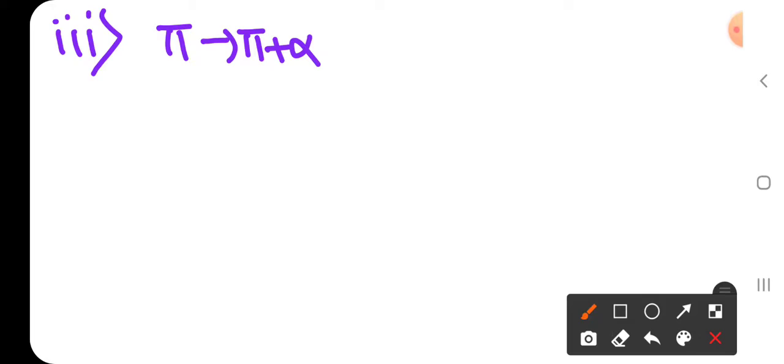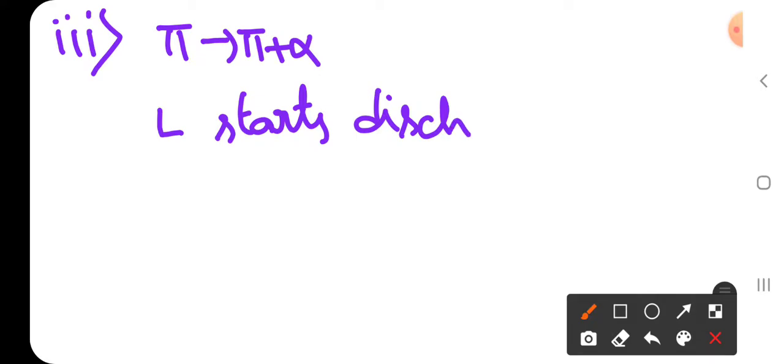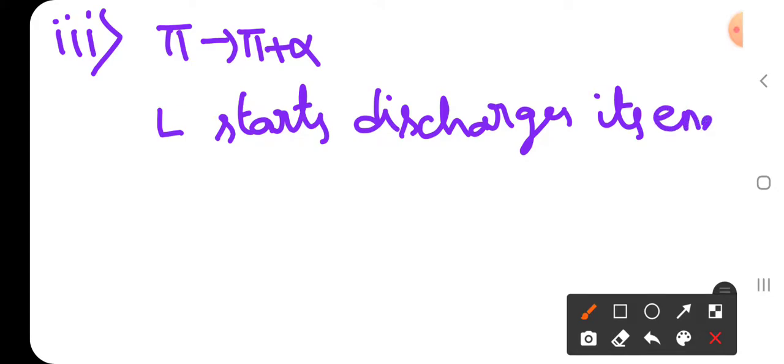So from pi to pi plus alpha, the inductor starts to discharge its energy. Now who is the source for the current? The source for the current is the inductor only.